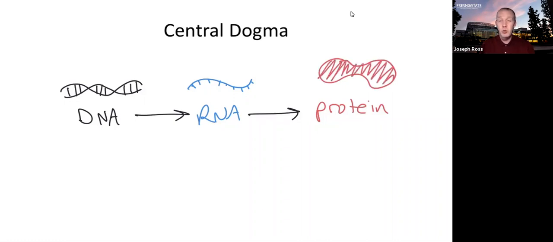Some of them are structural proteins, some of them are enzymes, that is, proteins that catalyze reactions that actually change chemical structures inside of cells, and they perform other tasks as well. So that first step is called transcription, and the second step is translation. So DNA encodes RNA, encodes protein, the central dogma.